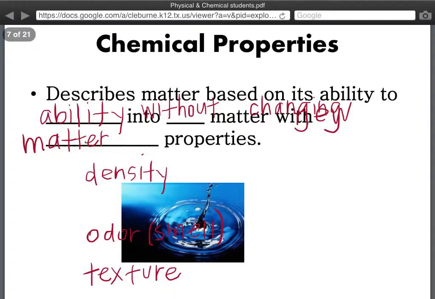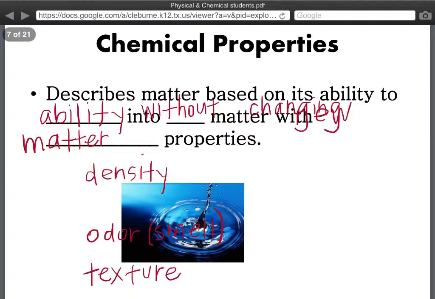Chemical properties, again, just to reiterate, describe matter based on its ability to change into new matter with different properties.